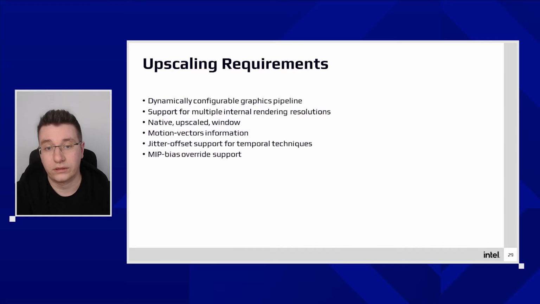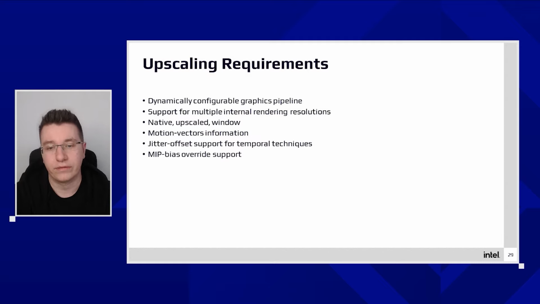Now let's talk about how new upscaling techniques like XeSS can help us with that problem. There are a few requirements to integrate an upscaling technique. You need to have a strongly configurable graphics pipeline. It will require you to switch to various presets which have various internal rendering resolutions. Motion vectors are obviously a must-have.